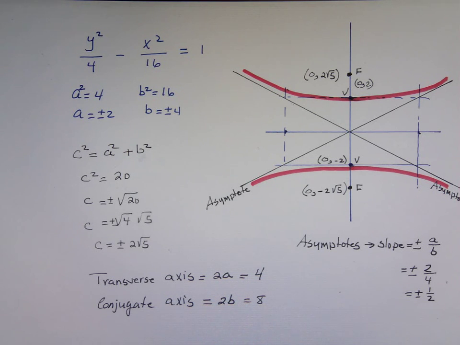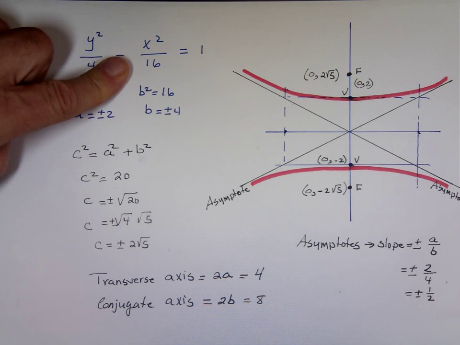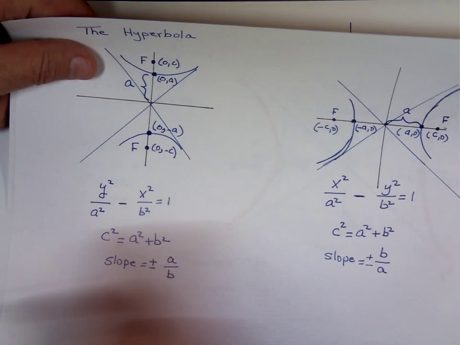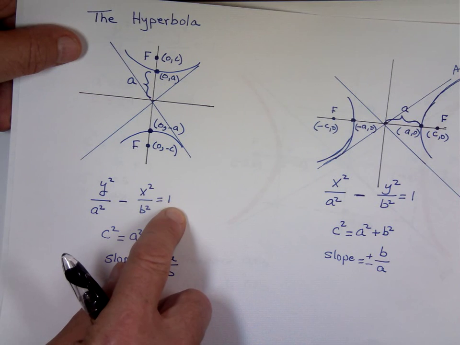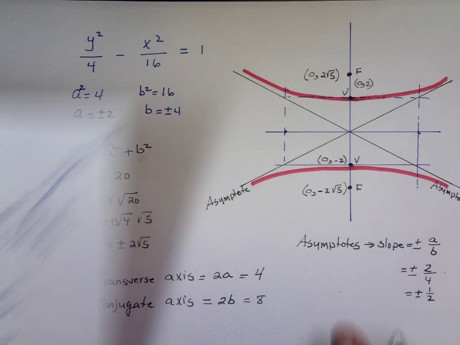Now, what will happen every once in a while, we don't give it to you looking like this. We like to see it looking like this. But sometimes we play games with it. So ideally, you want it to look like this, where that number is 1 at the end. Because if that number is 1, it's in the standard form. Well, here we go. Playing games. Let's look at this.